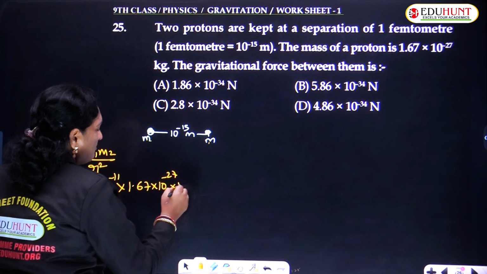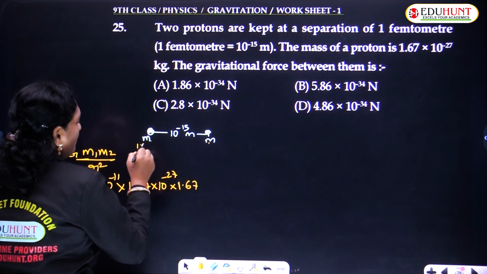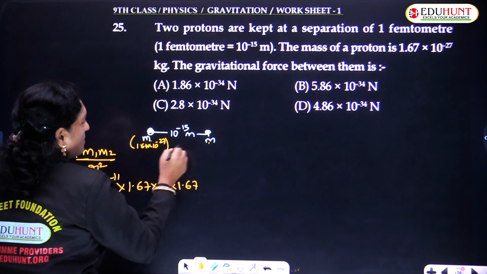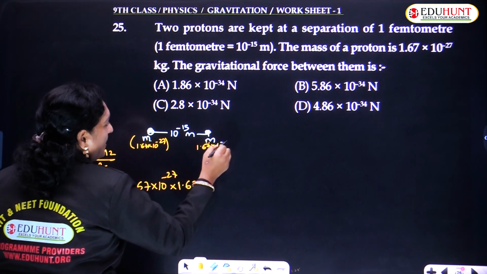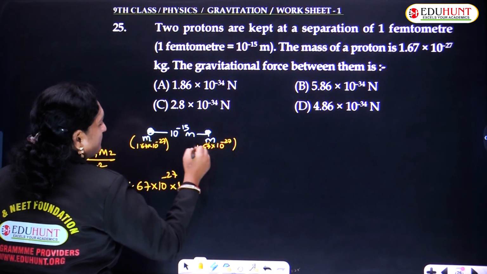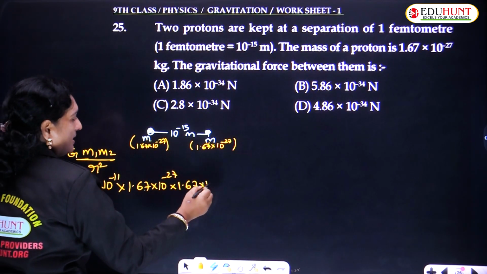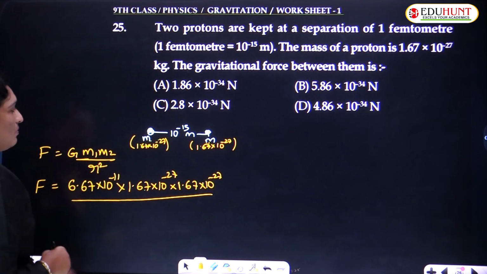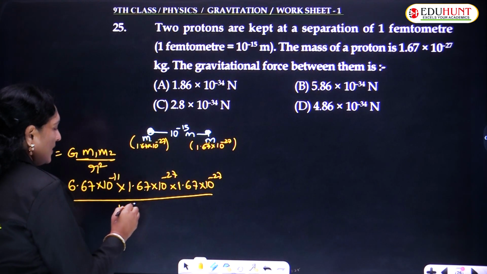Similarly, M2 equals M1, both equal masses, so this mass is also 1.67 into 10 power minus 27 kg. Whole upon R, the distance of separation, 10 power minus 15 whole square.